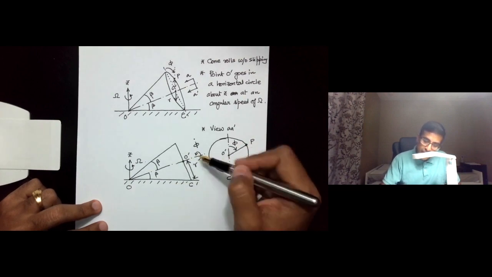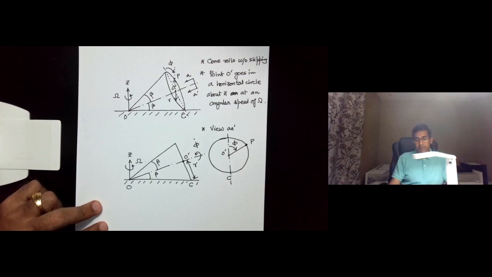Okay, and that spinning angular velocity is given by phi dot, right?